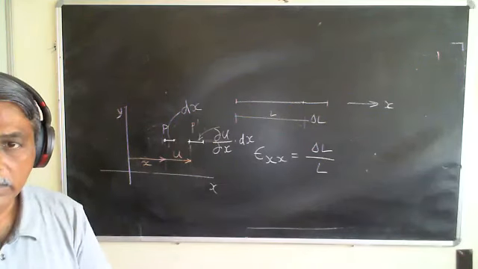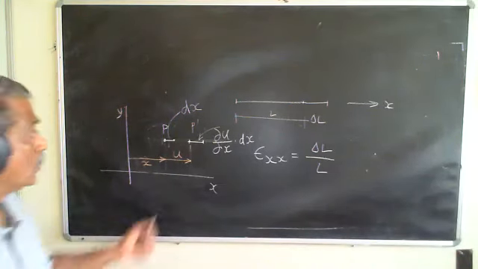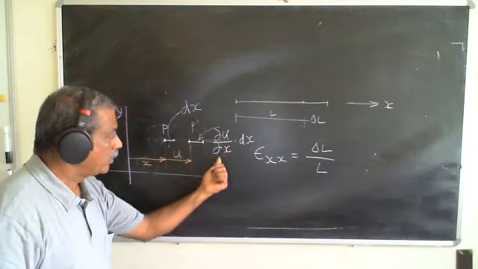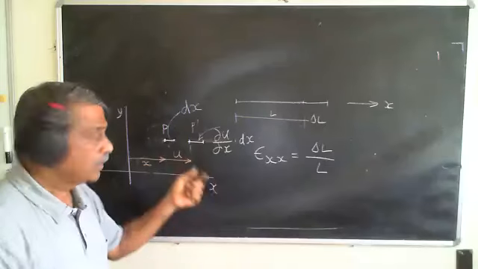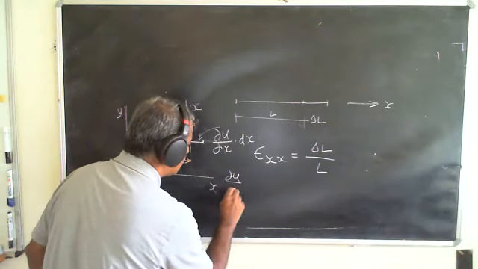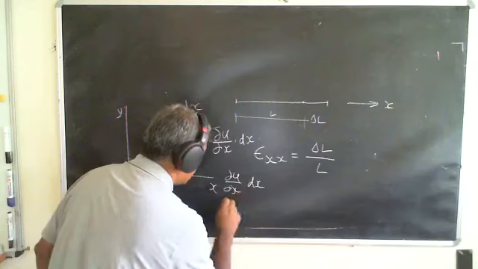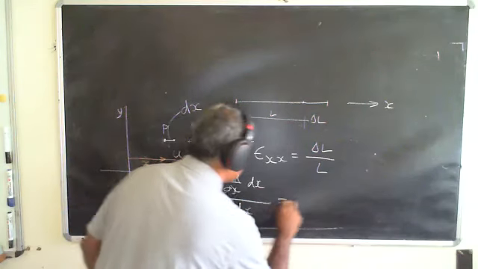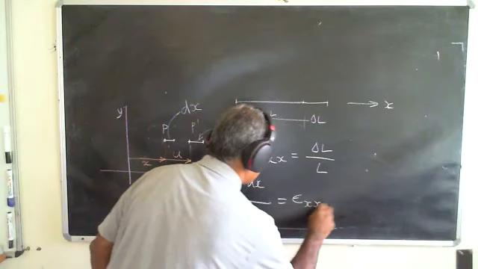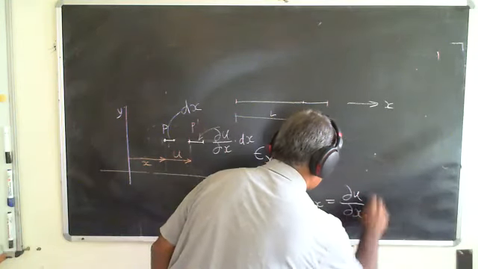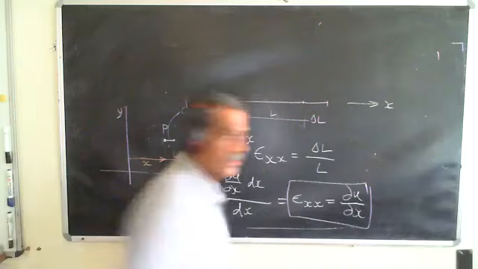Is this clear to you? So you have a dx and you have the changed one, which is ∂u/∂x times dx, right? So if I take ∂u/∂x dx and divide it by the original length dx, I should get epsilon x, which is now equal to ∂u/∂x. Is this clear to you?